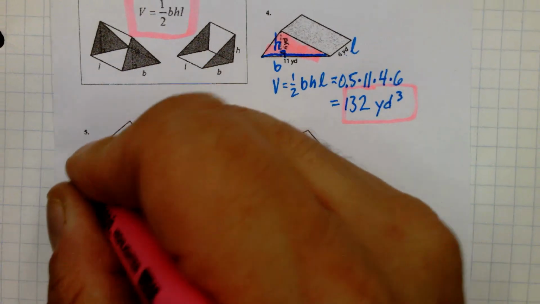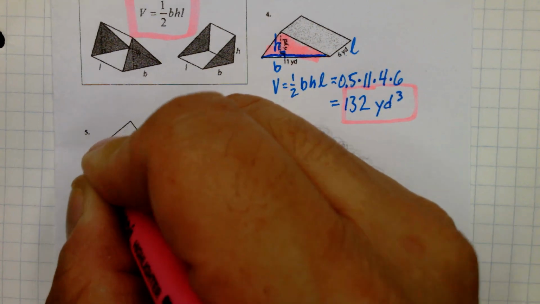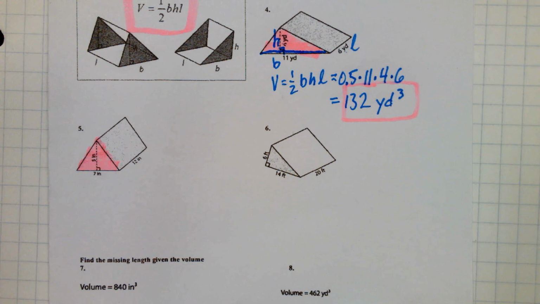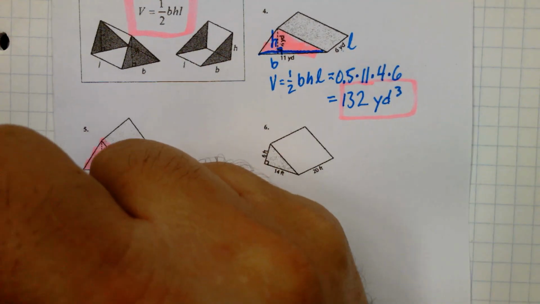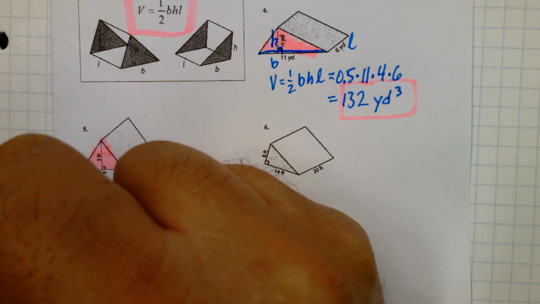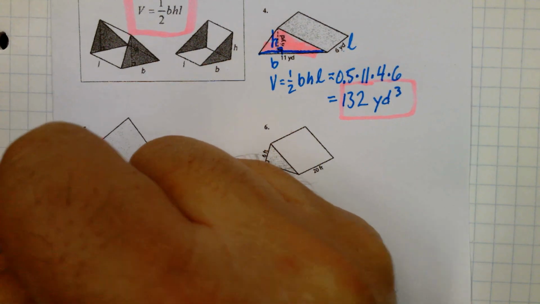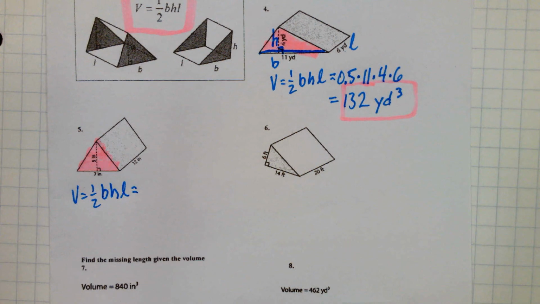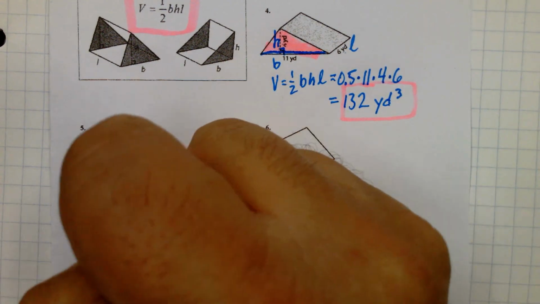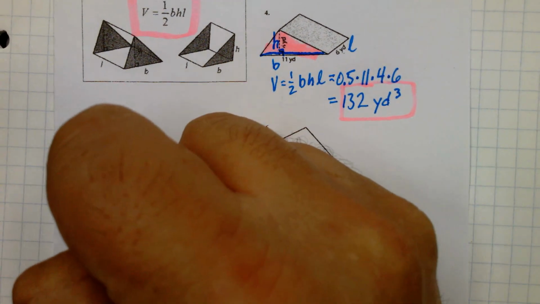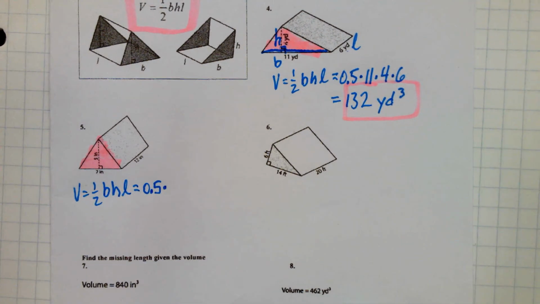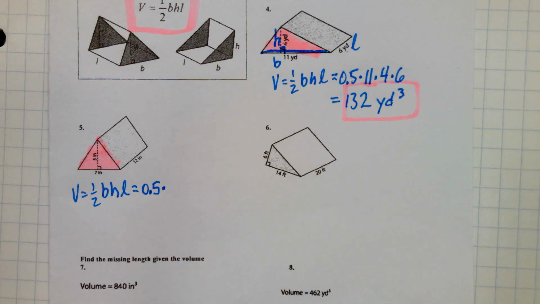Here's my triangle. This is the triangle right there. And the volume is 1/2 base times height times length. Let's see here. Instead of 1/2, I do 0.5. Which number represents the base? 7.